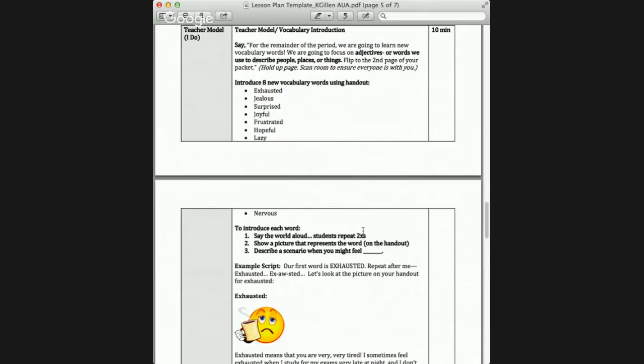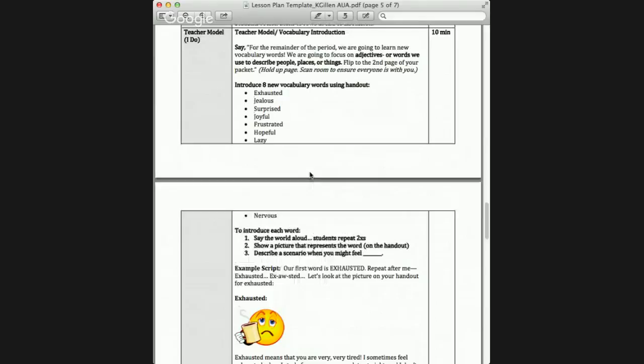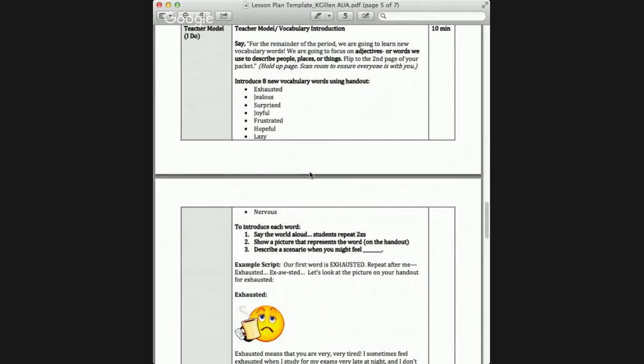Then in the we do, otherwise known as the guided practice, supporting your students and coaching them through how to do something. And then by the time you get to the you do, otherwise known as the independent practice, your students are doing it independently. So for vocabulary, we're going to start by introducing 8 vocabulary words.